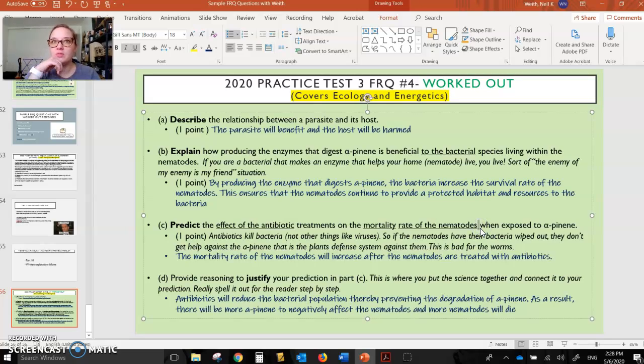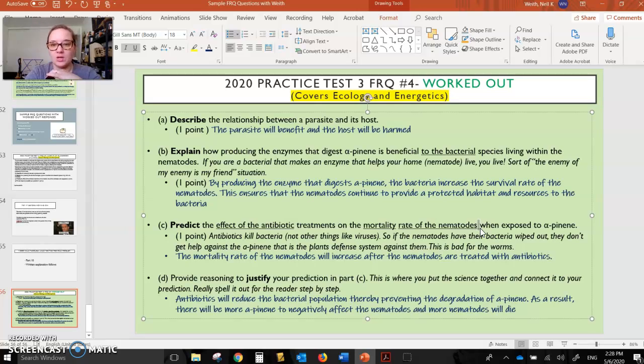So the alpha-pinene is the chemical that hurts the worms, but the worms have a bacteria helping them degrade that. But if you treat them with antibiotic, you bring them down a peg. You don't have the ability to combat the alpha-pinene as a worm, so the mortality rate of the nematodes is going to increase, or more worms are going to die, or worms will not be able to survive as well in the presence of alpha-pinene produced by the tree.